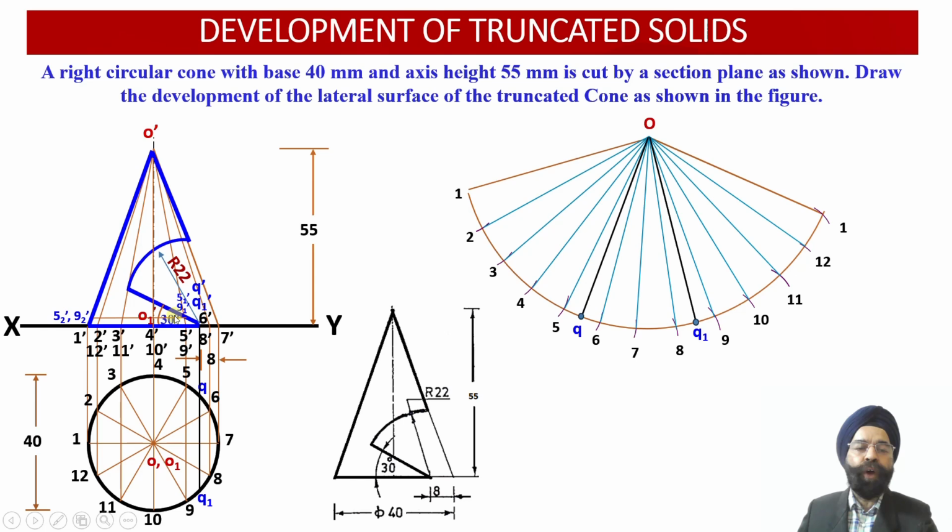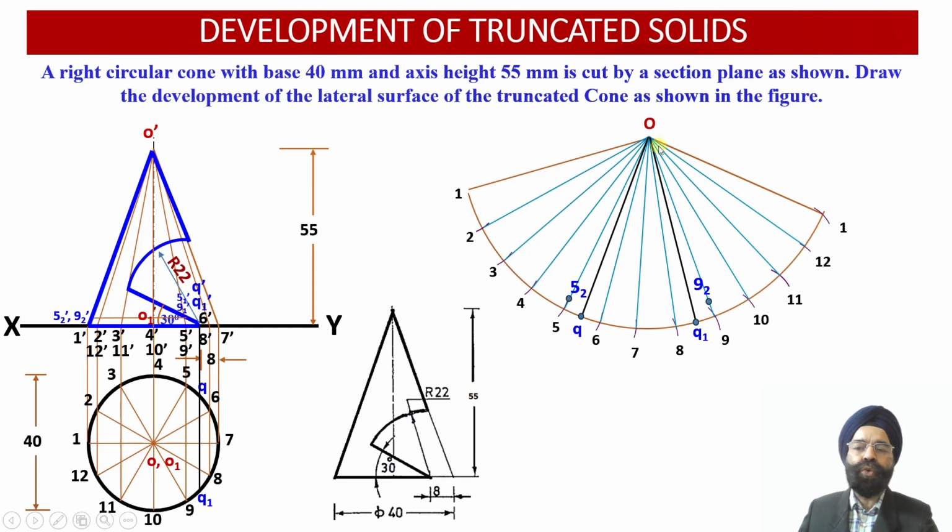This transformation from 5 1' and 9 1' onto the true length projection will provide us with the true length of the radius onto the slant edge over here. So this radius we are now required to plot, that is O'5 2' and O'9 2' over here. Once we measure the distances O'5 2' and O'9 2', now onto the generators O5 and O9. This is generator O5, this is generator O9.